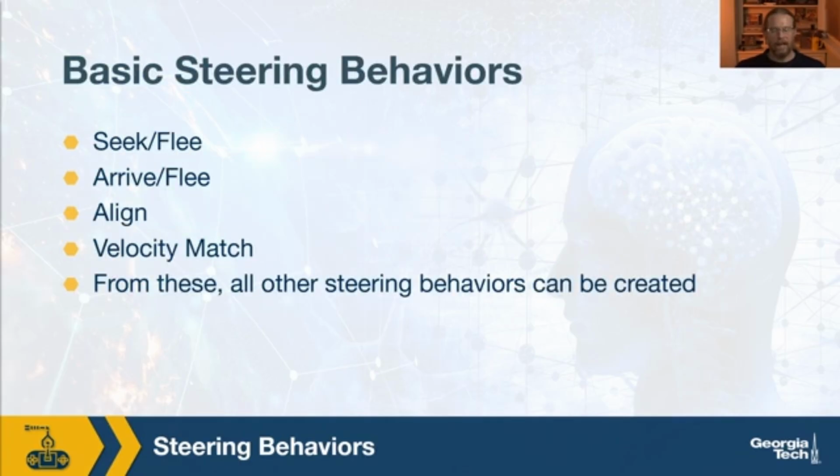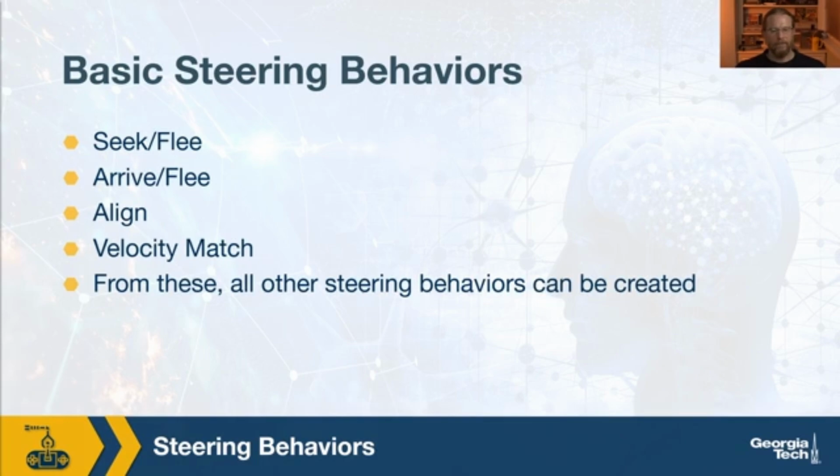At this point, we now have some basic steering behaviors defined. We have seek and flee, and arrive, and opposite of arrive is also flee. We can align with positions or angles. There is velocity matching.